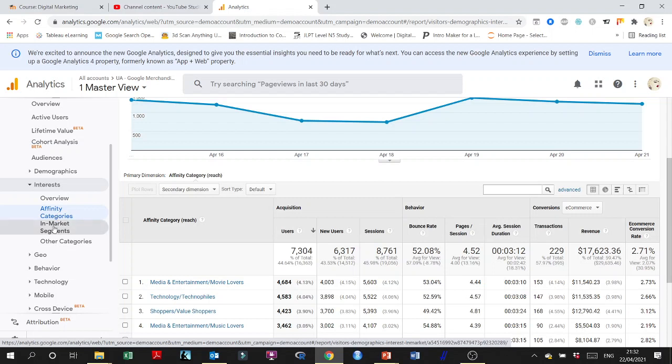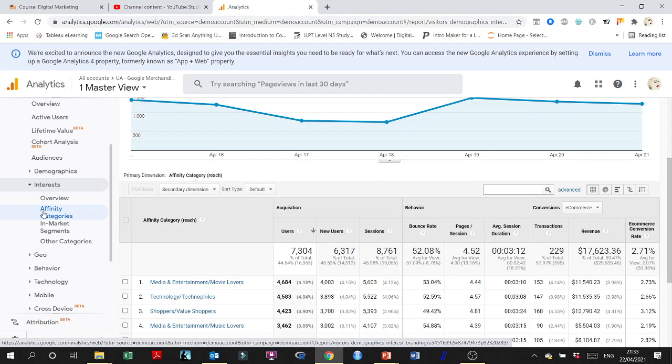In-market segments means that right now I am hot in the market for, like, I am right now actively looking for a certain product. For example, right now I'm actively looking for flat shoes or running shoes. I'm not going to be looking for running shoes all over my life, but maybe I have an affinity interest for a long period of time in sports, activewear, outdoors activities.